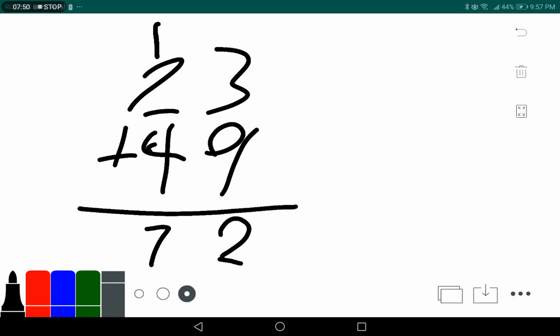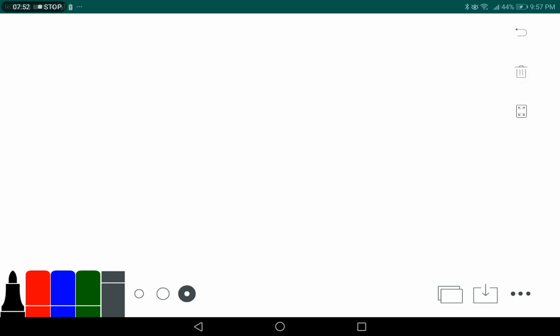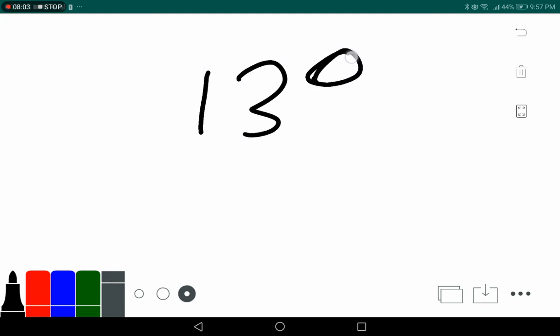So now we know two-digit addition. Now, should we try simple three-digit addition? Sorry for saying division. Plus 96.